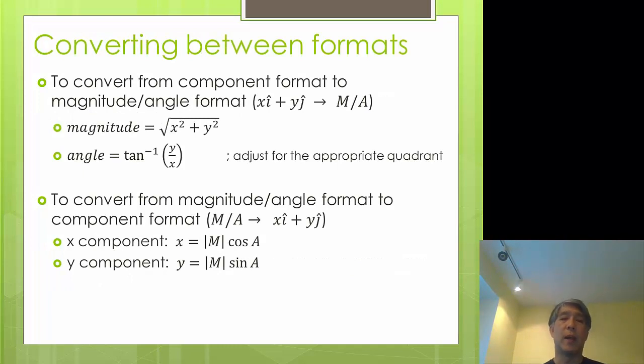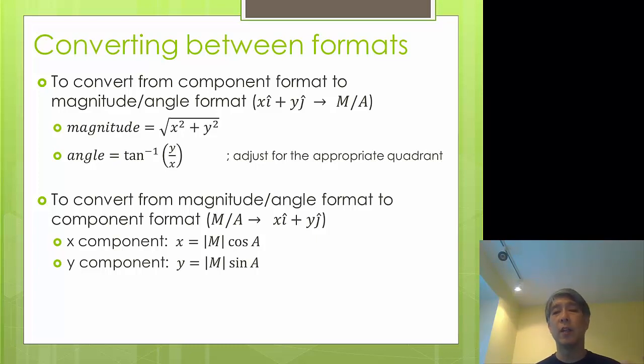Converting between the two formats, going from component format to the magnitude angle format: the magnitude is simply, remember, the length or the distance of the vector. So this is the distance formula, square root of x squared plus y squared. I call that the Pythagorean sum, but it's really the distance formula. The angle is a little bit trickier. It requires you to put in a little bit of intelligence, especially if you're using your calculator.